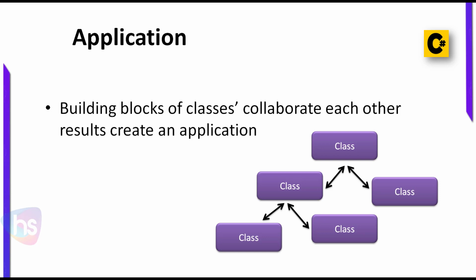Each class may or may not interact, and having many classes will create an application. To make everything work together, we work with a language to call which function or which class we require to use, integrating all together, which is called an application.